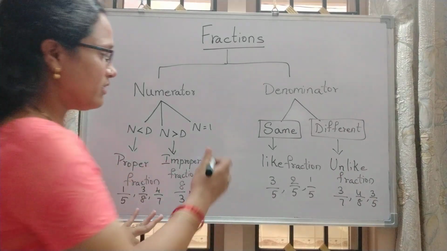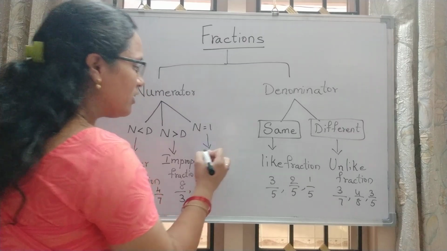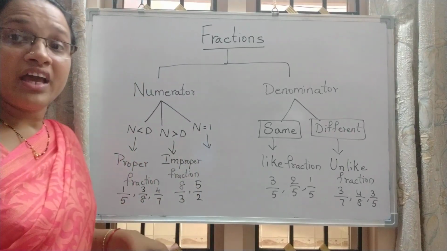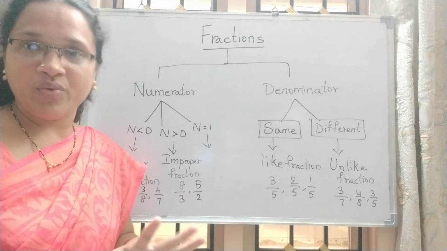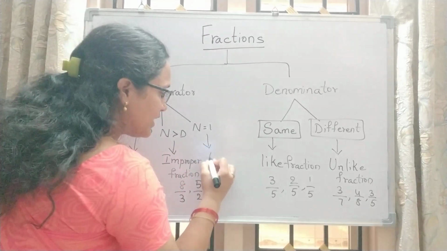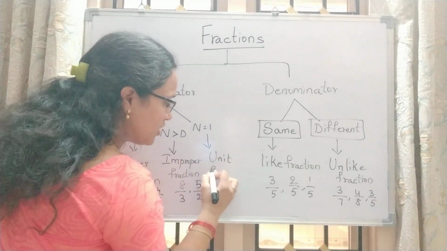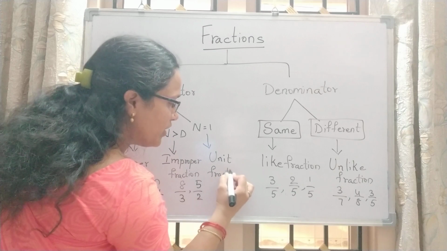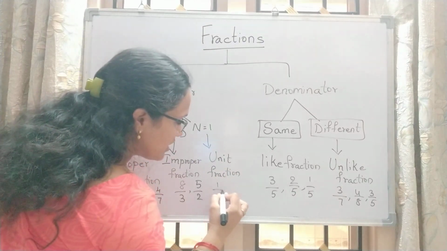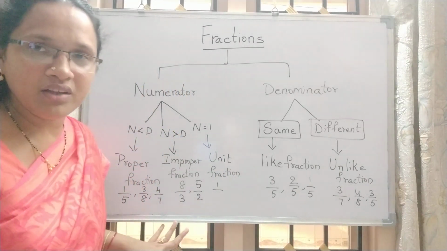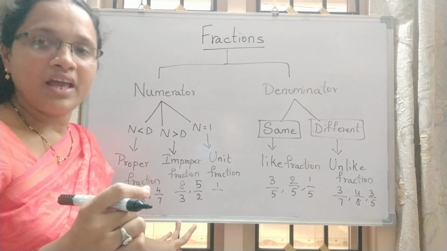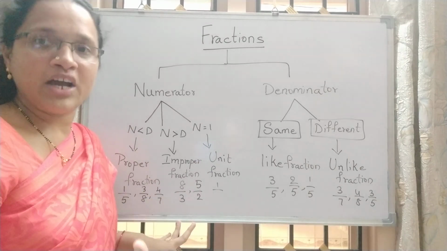If the numerator equals 1, you may wonder what type of fraction this is. If the numerator is 1 all the way, then we call it a unit fraction. What fraction is it, children? Unit fraction. A unit fraction does not have any other number in the numerator. It has only 1, and the denominator varies accordingly.